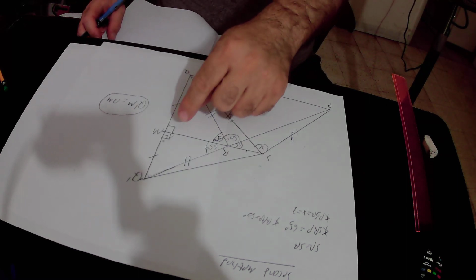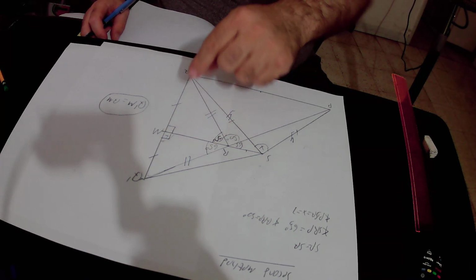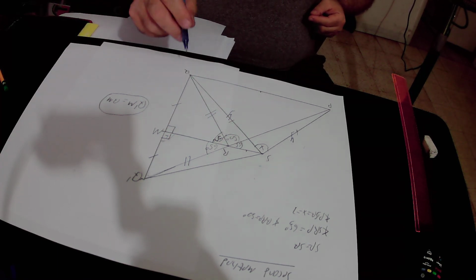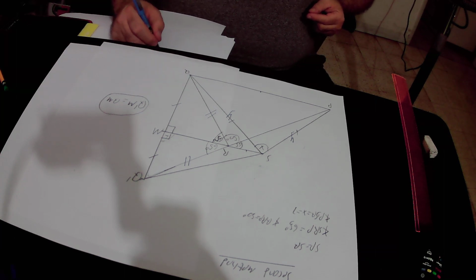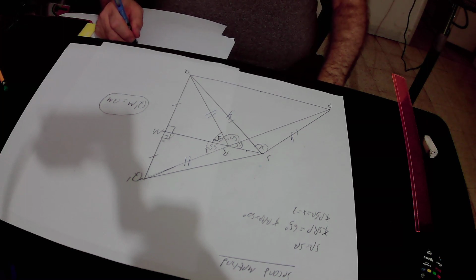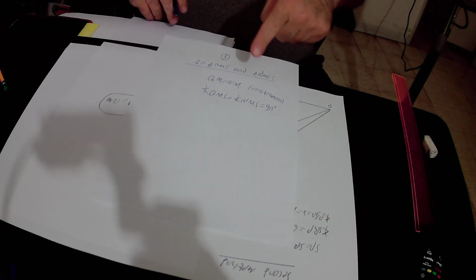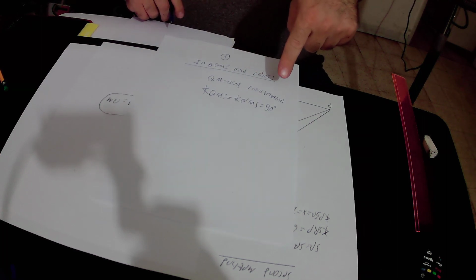And we also know that those two angles are equal to each other. They are both equal to 90 degrees. So angle QMS in triangle QMS is equal to angle Q'MS in triangle Q'MS, and both those angles are equal to 90 degrees.